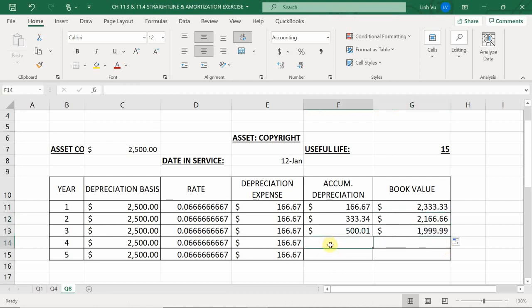Good. So then what's my accumulated depreciation for year 4? 666.68. 66, 66, 68. Okay. So then that brings my book value to be 1,833.32.